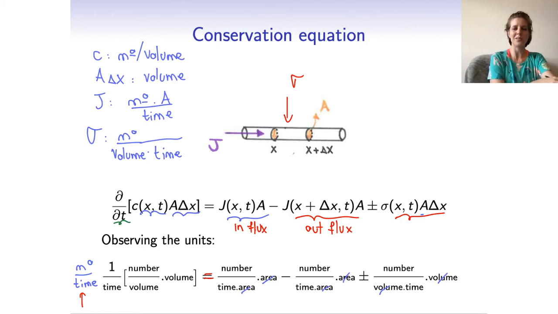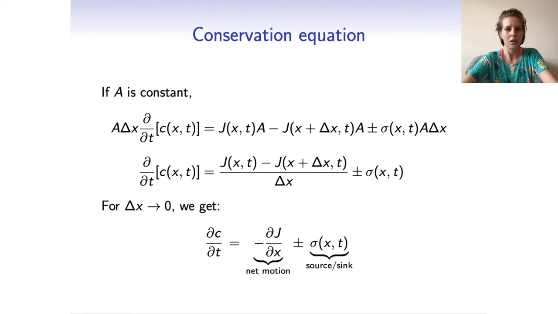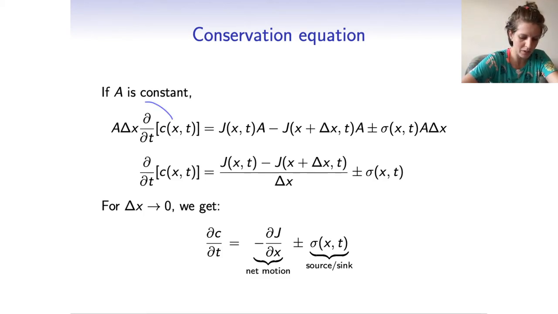So the unities match, so it makes sense to think in this way. If A is a constant area, so the cross-section area is constant, we can put it out here, and then we have A multiplying everything, and we can just cancel A. And then del C del T will be equal.